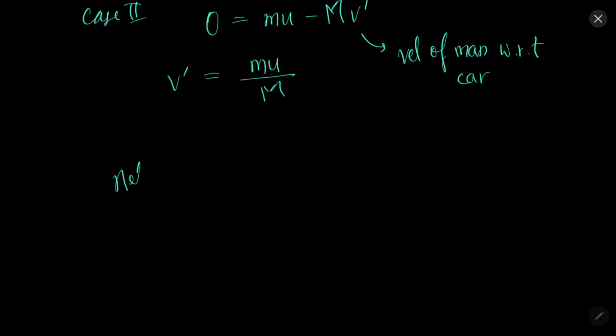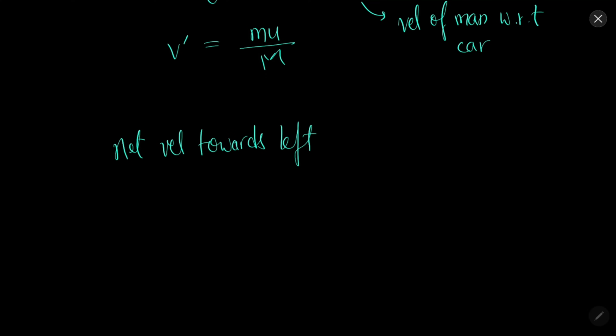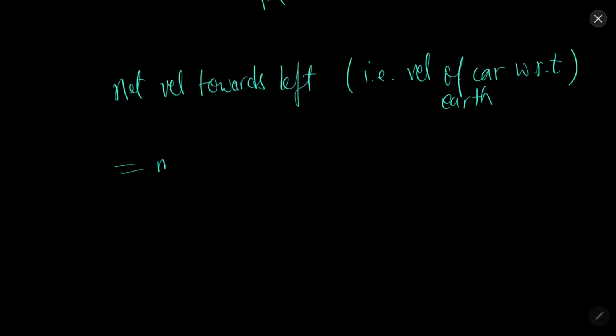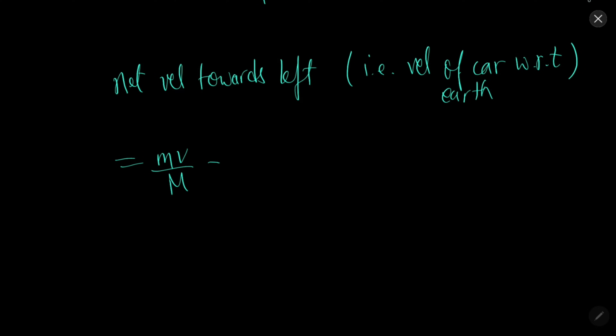So the net velocity is towards left. This means the velocity of the car with respect to earth will be mu over m minus mu over m plus m, which will give us mu square over m plus m.